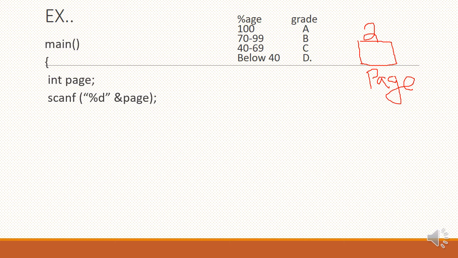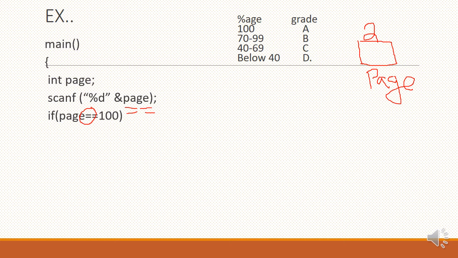Next, you have to check the condition. What is the first condition? The first condition is if percentage is equal to 100. One point here: in C, a single equal to is actually the assignment statement, correct? So for equal to, we have to take two equal to signs.